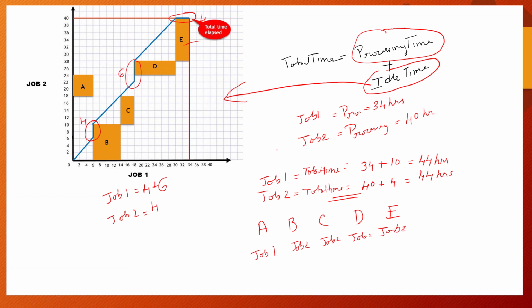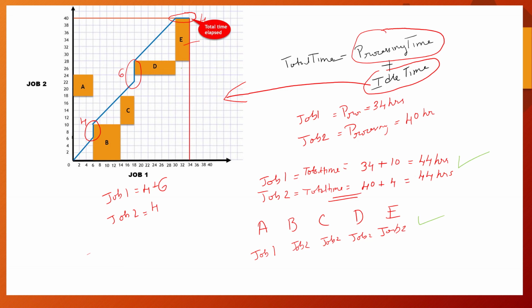The question was to find the total time elapsed. We have found that, and then we needed to find which job comes first on which machine. That also we have found. So this is how we solve the problem.